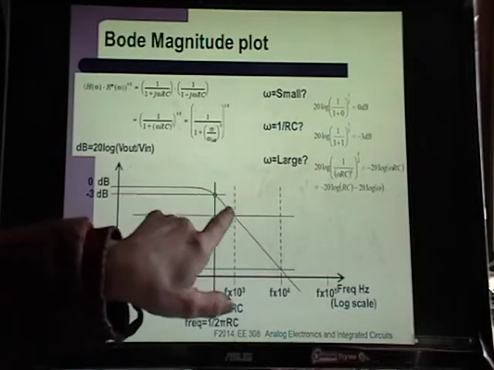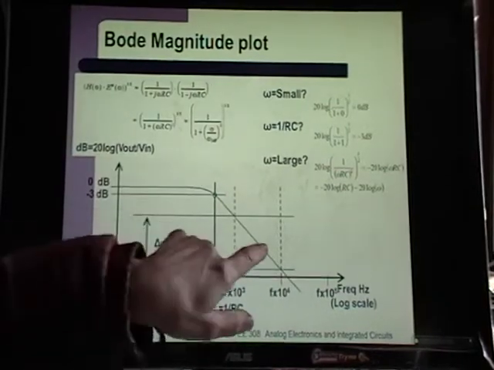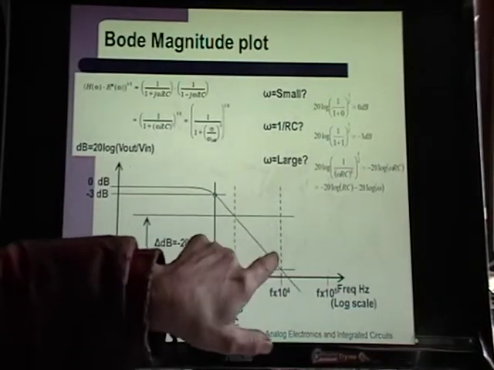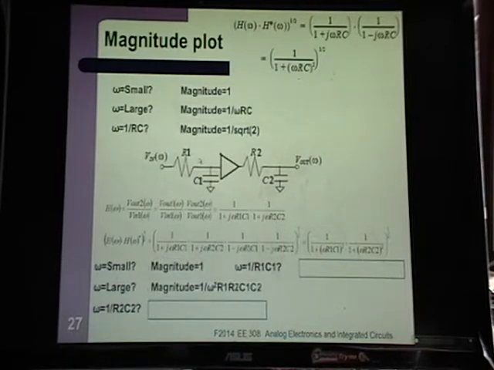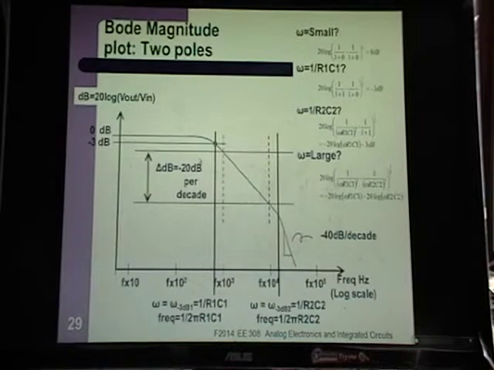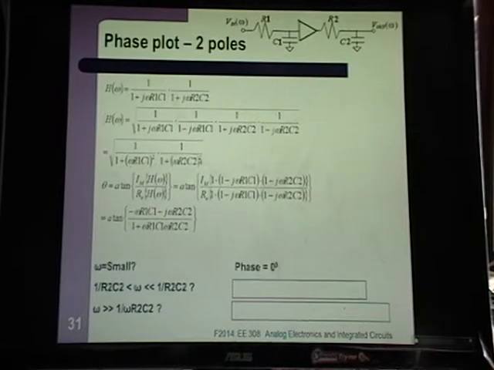Okay, and then when you get over here, now you've got your minus 20 dB per decade. And if you have another pole, it just adds, and now you have 40 dB per decade. So that's really what you need to have for Bode plots.